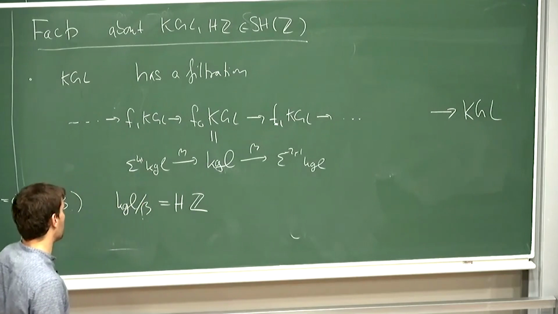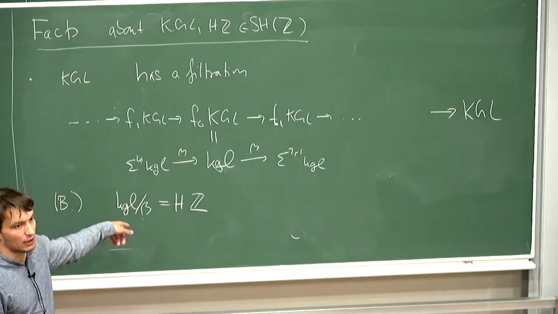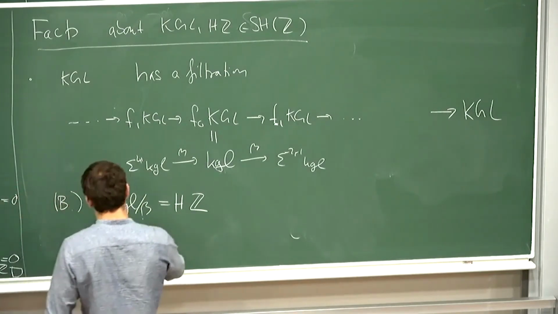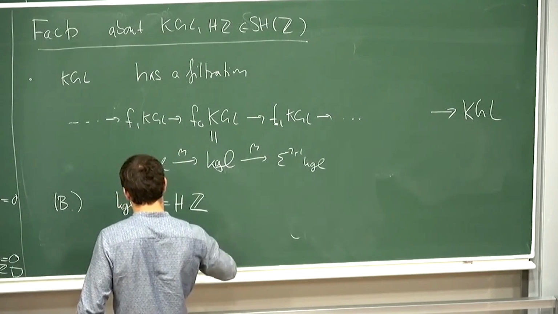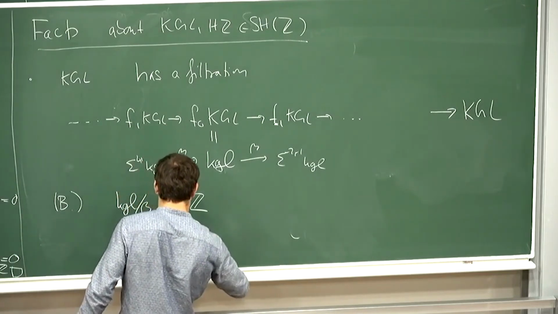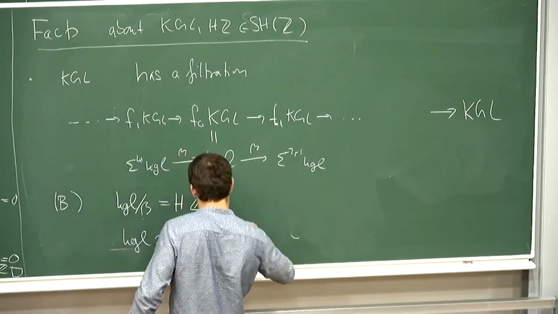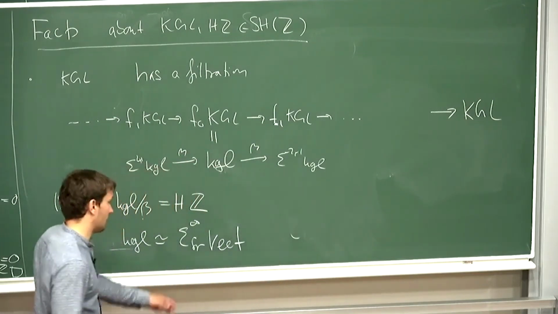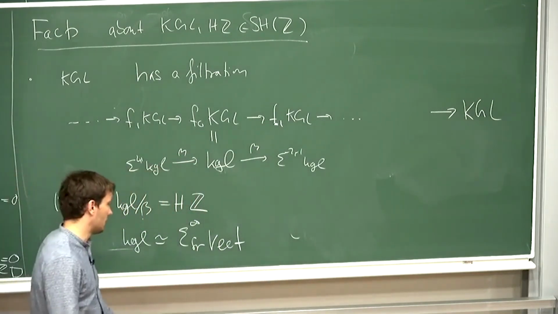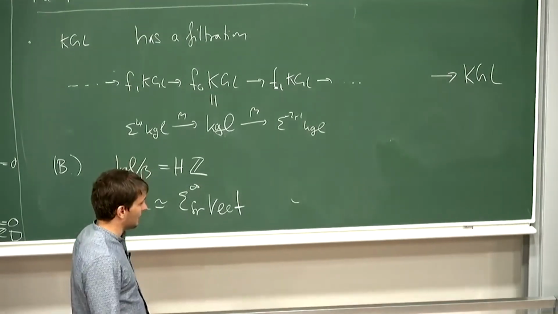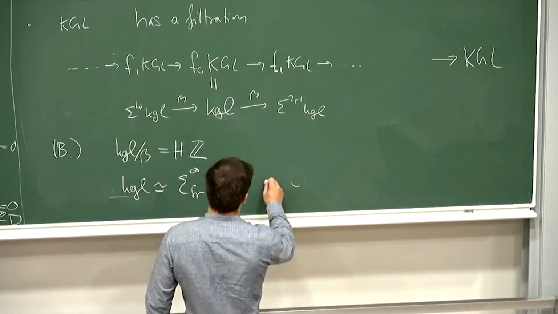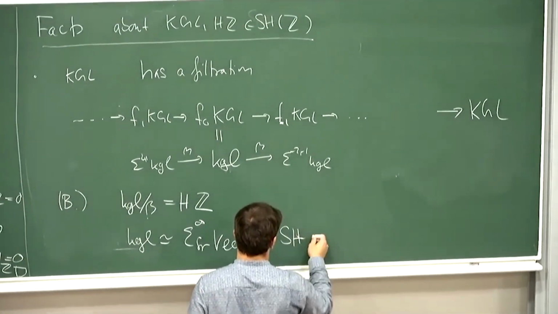And what you can also prove is that this KGL guy is what's called the framed suspension spectrum. Again, if you don't know what this is, don't worry too much about it. But what it tells me, in particular, is that it lies in the non-negative part of the homotopy t-structure.